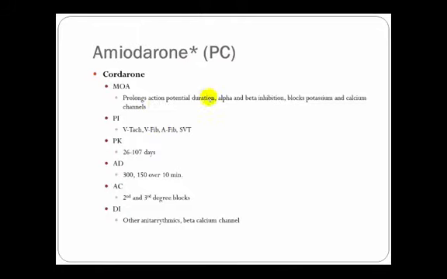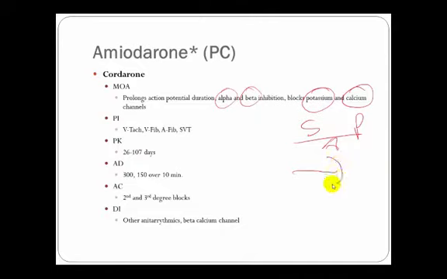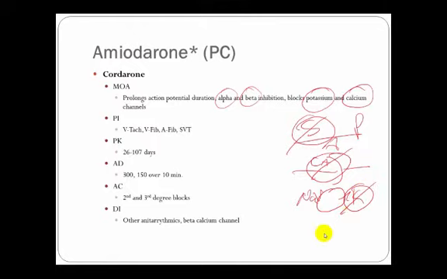And this thing pretty much blocks everything: alpha, beta, potassium, and calcium, everything that we have to generate an actual beat. So it blocks some of the sympathetic nervous system. It has a calcium channel blocker in it, and it also has a potassium channel blocker in it.